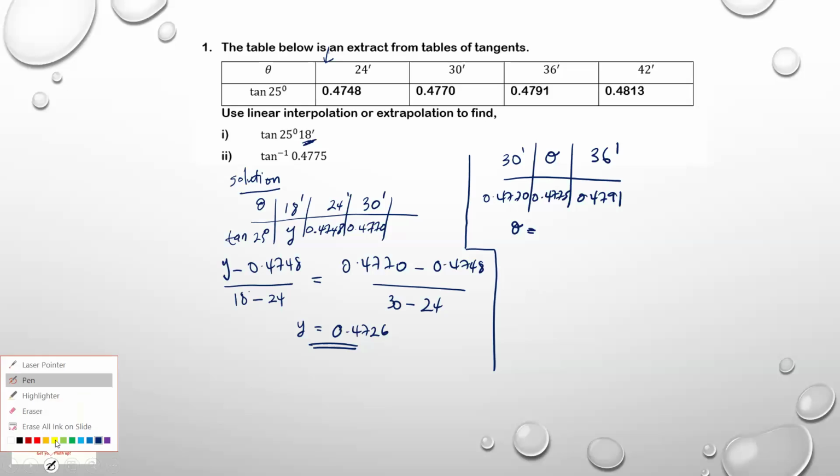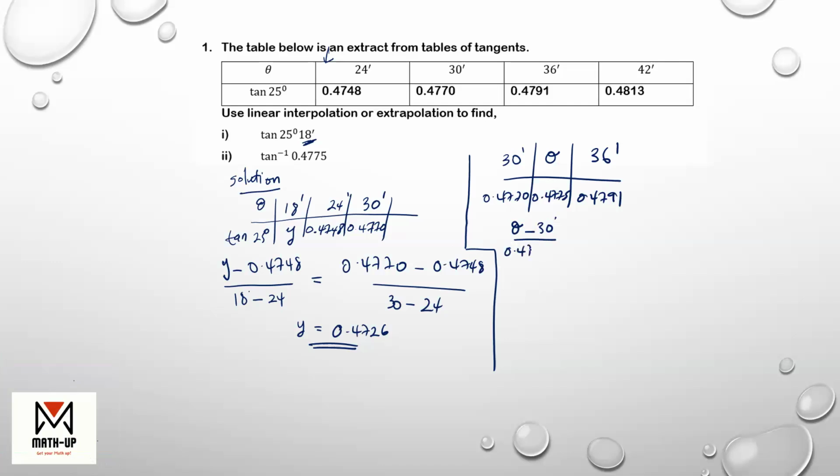So theta minus 30 divided by 0.4775 minus 0.4770 has to be equal to 36 minus 30 divided by 0.4791 minus 0.4770.